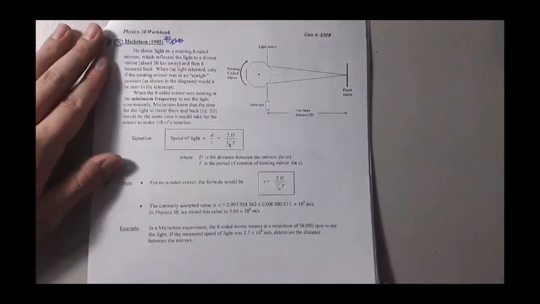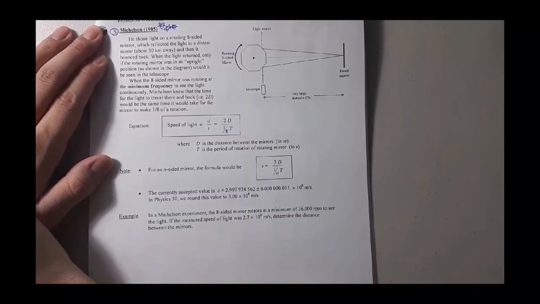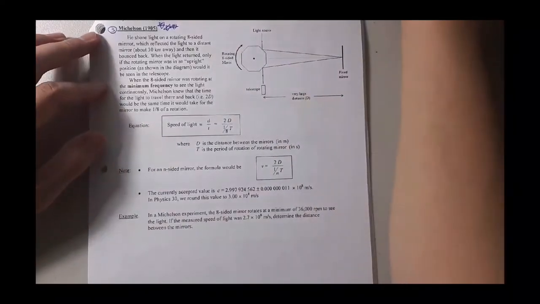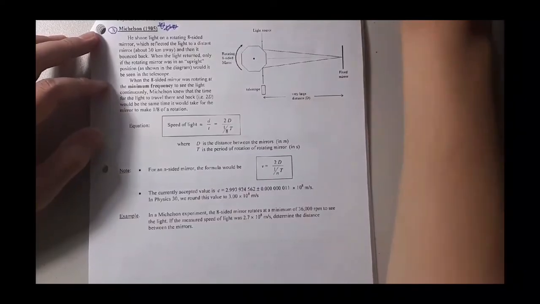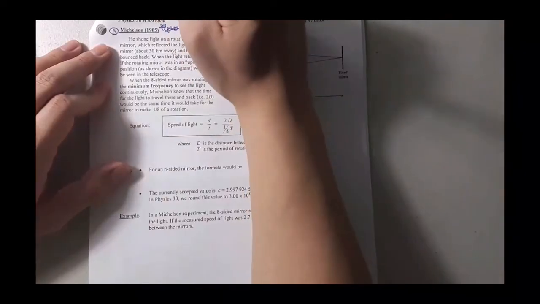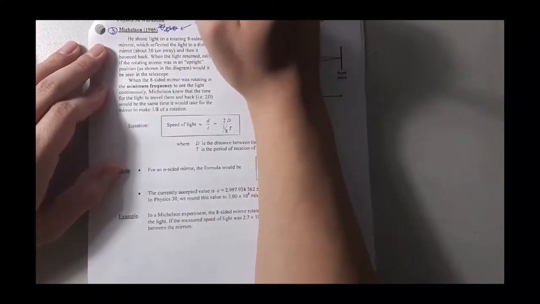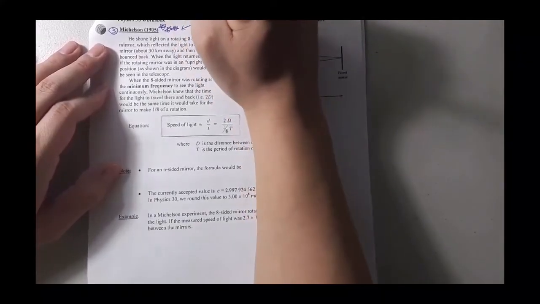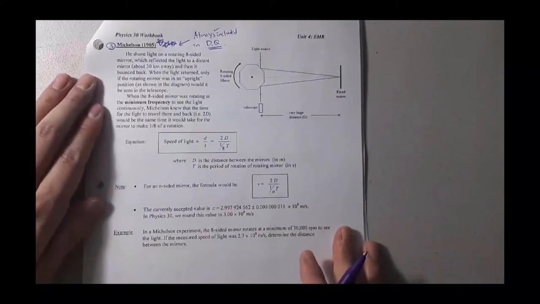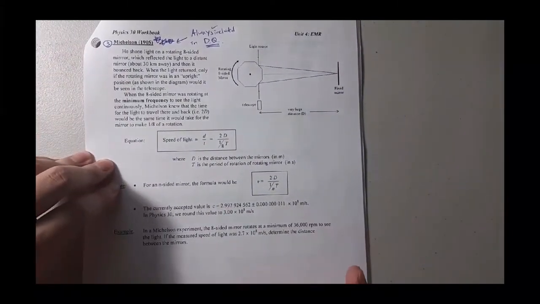Now, number 3, one of the most precise methods, Michelson. His method was quite interesting. This is a famous experiment, always included in the diploma question. So let me go through this experiment a bit.